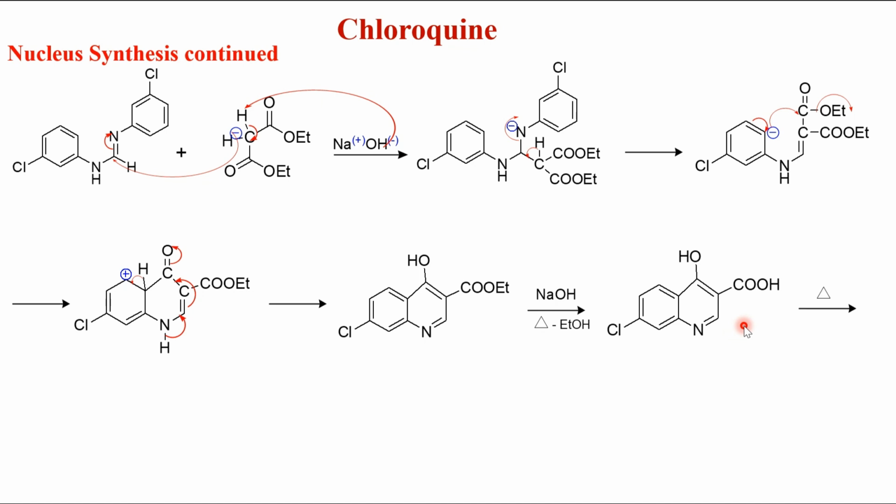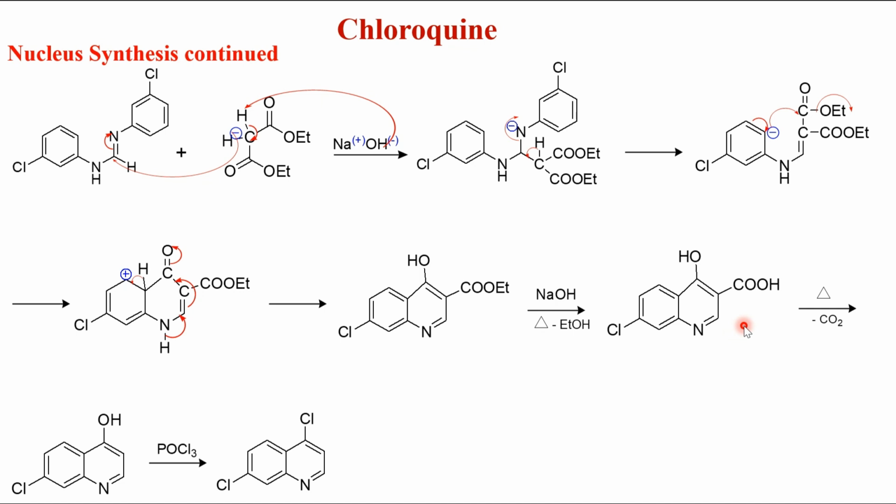If we strongly heat it, it loses carbon dioxide and gets 4-hydroxy 7-chloroquinoline. We can treat with POCl3, a chlorinating agent. The OH gets replaced by chloride ion. I have got the corresponding 4,7-dichloroquinoline. Here we have constructed the basic nucleus of the chloroquine.